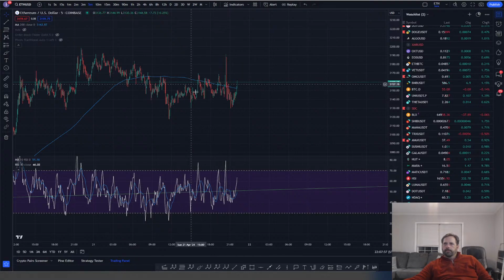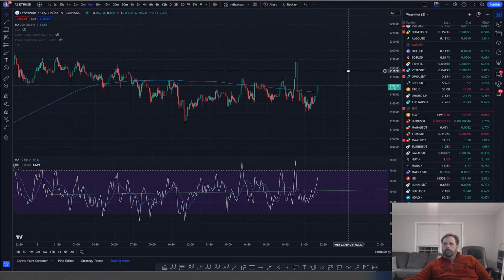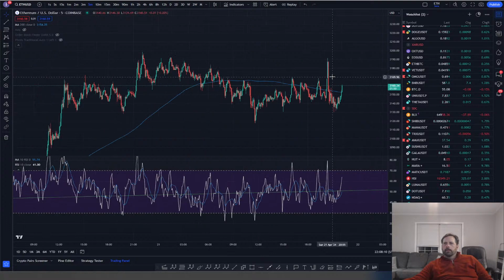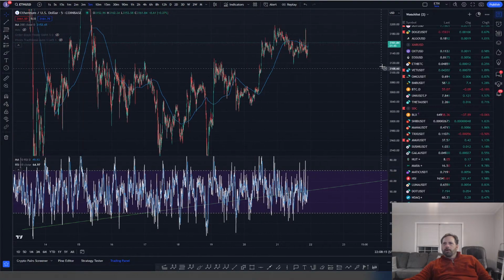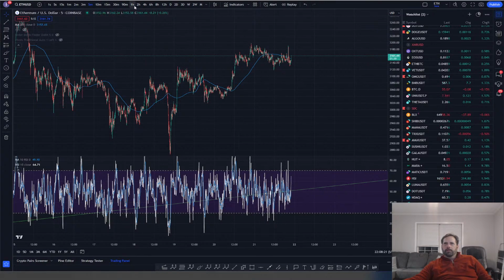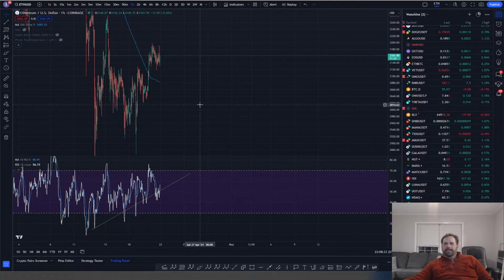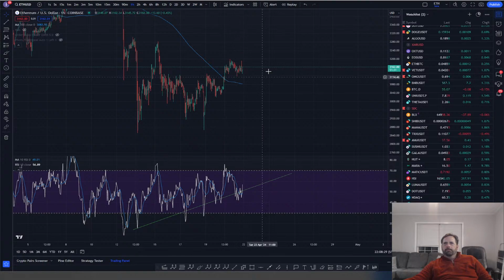What is that wave structure? See, I was bullish on Ethereum. When this wave happened, I was bullish. Of course, the price action kind of bothered me a little bit. But you see, there was hidden bull on that wave.